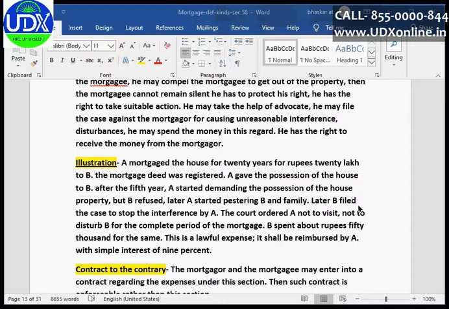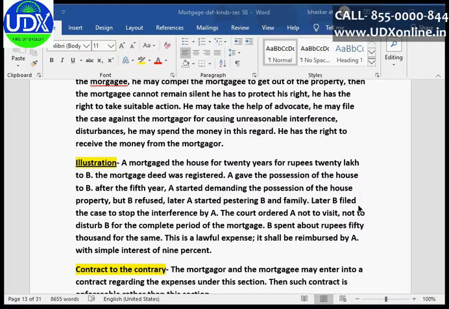So, for securing this order of the court, I think that student has to spend money. It is not free. The law advocate's services are not free. He has to spend the money. Now, whatever money that he has spent, the mortgagee, that student, has the right to demand that amount of money from the mortgager.